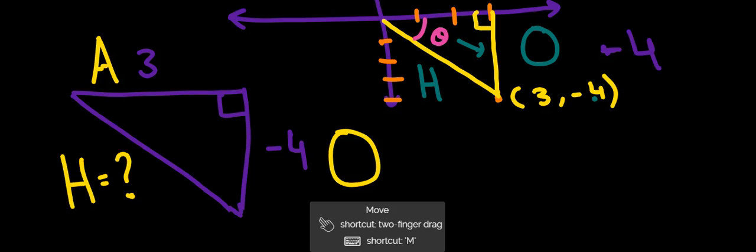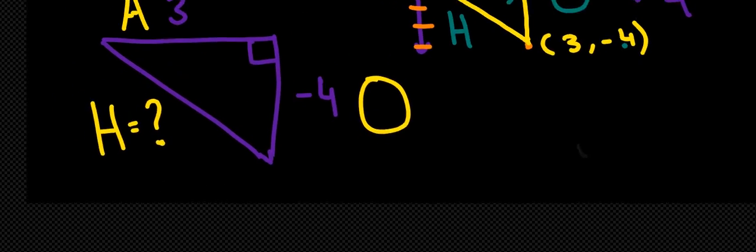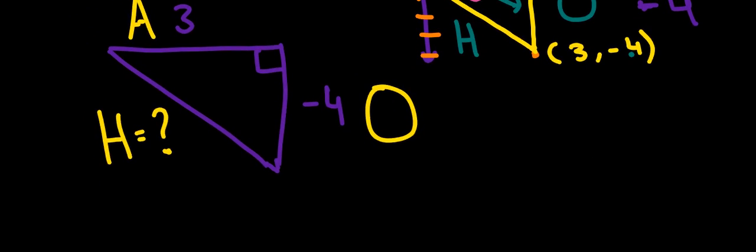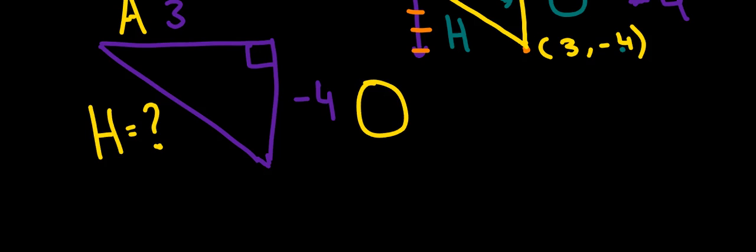Now we're going to use the Pythagorean theorem and find the value of the hypotenuse. So the Pythagorean theorem is going to be a squared plus b squared equals c squared.